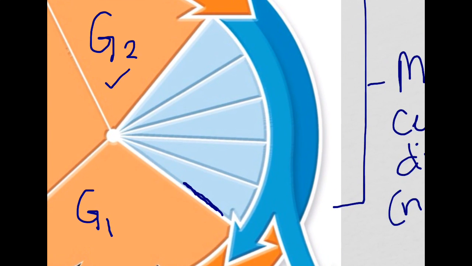Now mitosis is made up of multiple phases. Okay, so the first phase, and again I'm not going to go through the details of these because we'll have a separate video on it. Okay, the first one is prophase. Metaphase is the second.